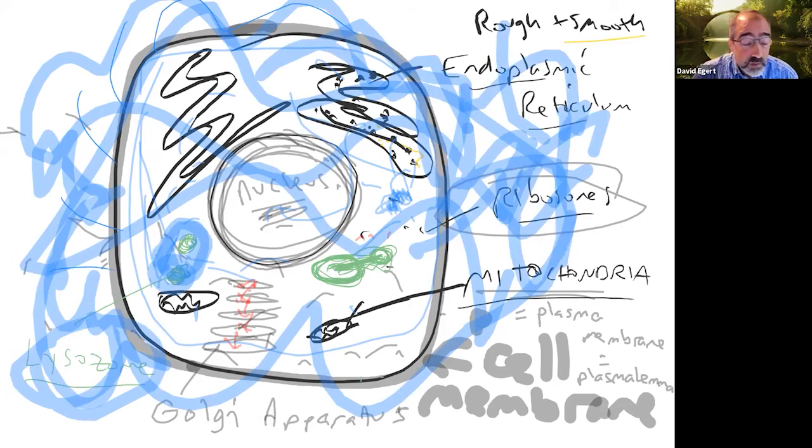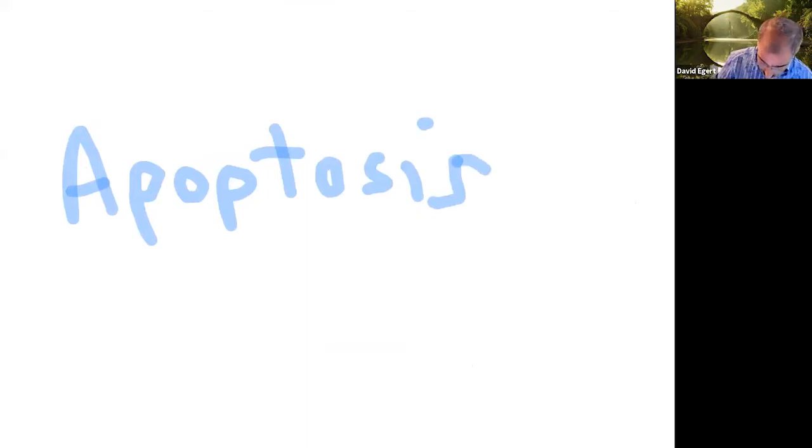So when one of your cells dies, it's much more of a controlled thing. One of the words we'll be talking about is apoptosis. This is controlled cell death.